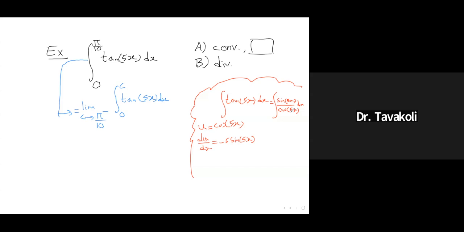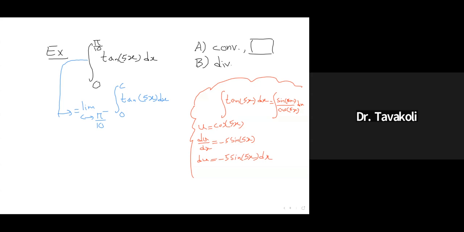In fact, this kind of derivatives were discussed in Calc 1 in the topic of the chain rule. Okay, so du, if I multiply both sides by dx, is minus 5 sine of 5x dx. So let's see in this integral what I have.